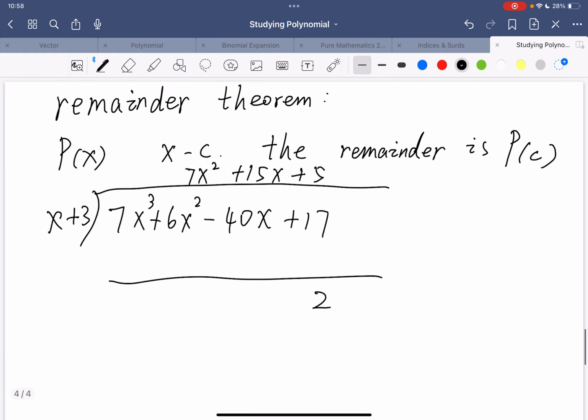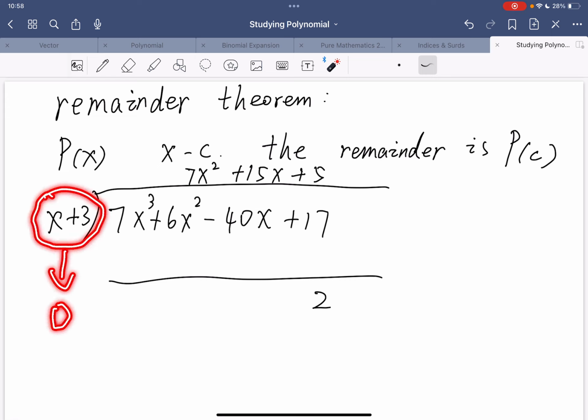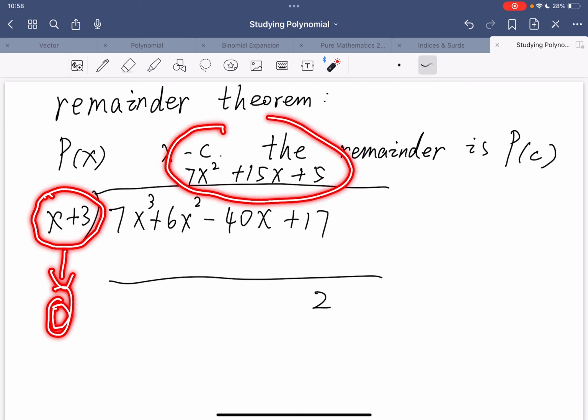So when you make this expression equal to 0, then 0 times this expression would equal 2, okay? Why is that?